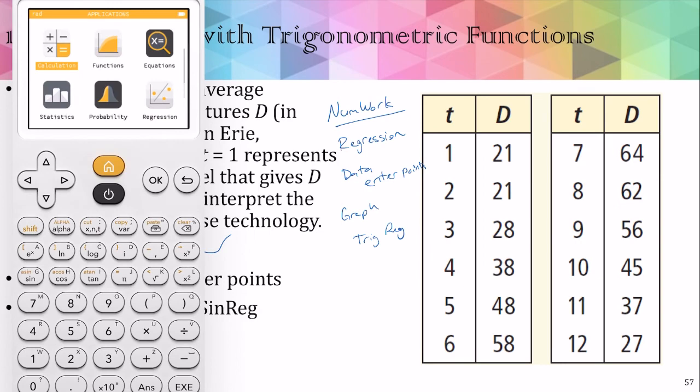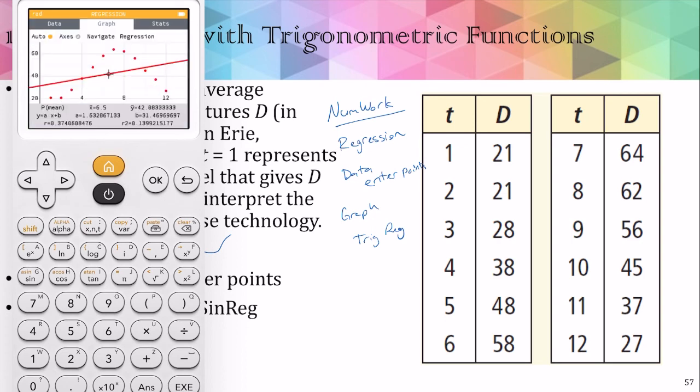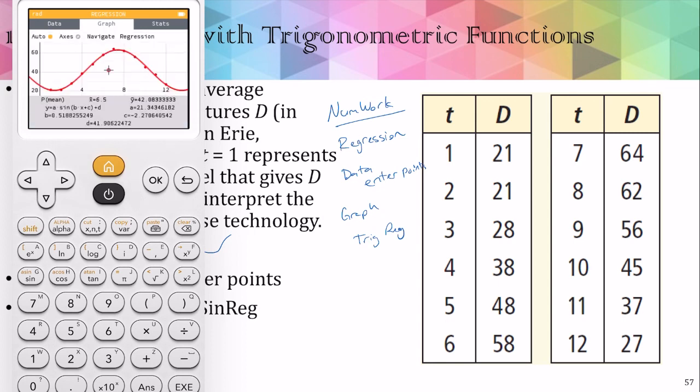So here's my calculator. I have the NumWorks, I'm going to go to regression. I've already entered all my data. I'm going to go to graph. You can see by the points there, it looks like a sine curve. I'm going to hit OK, change my regression to trigonometric, and there's a nice fit.